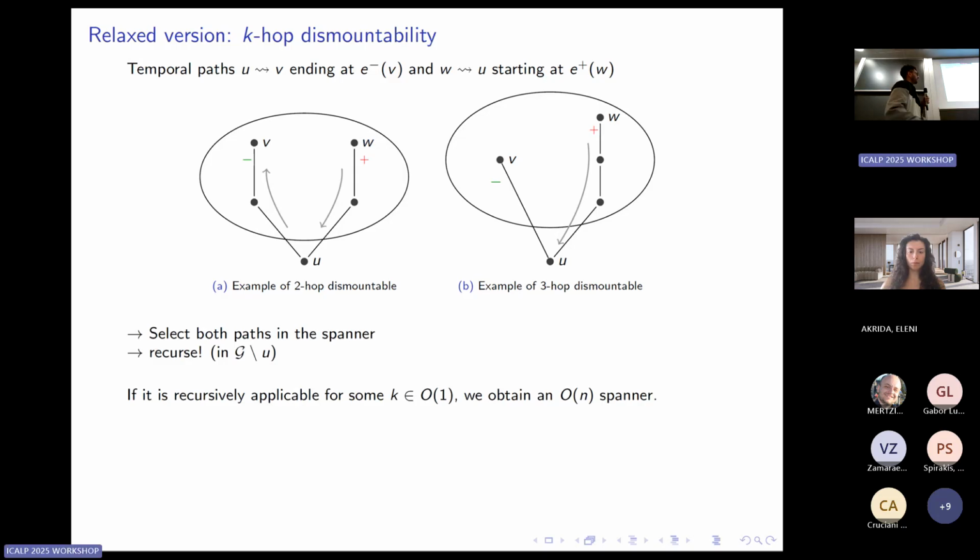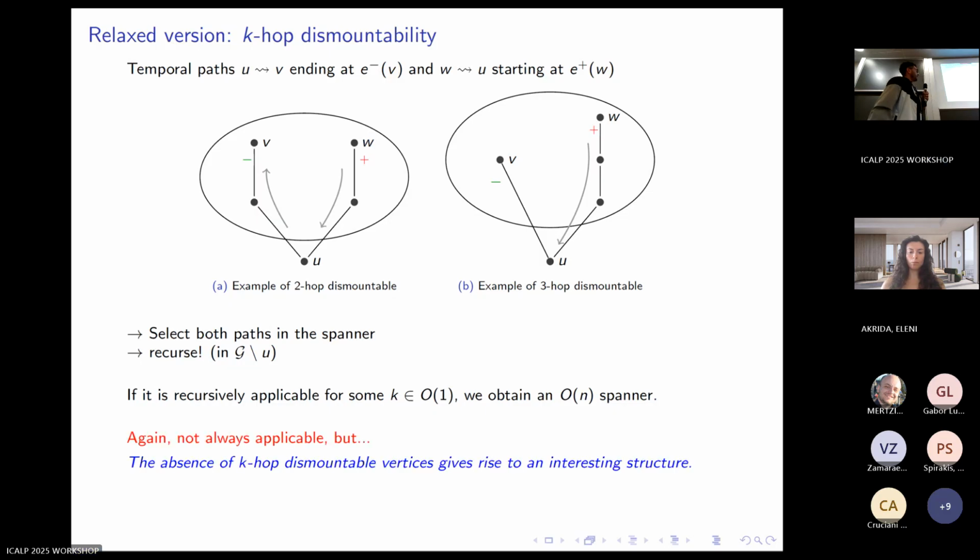And we select both paths for the spanner, and we record some distance in which I removed only the vertex U. And if this is recursively applicable, then for some constant k, we obtain a linear spanner once again.